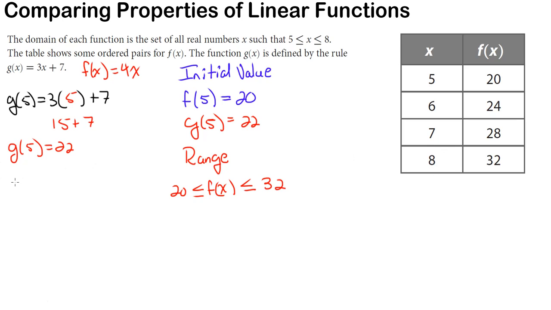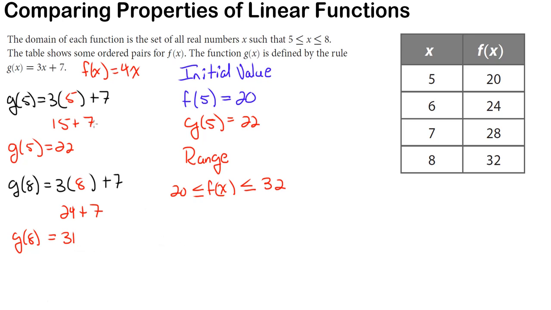8. So we can write here g of 8 equals 3 times 8 plus 7. Well, 3 times 8 is 24, and 24 plus 7 is 31. So where x is 8, g of x equals 31.